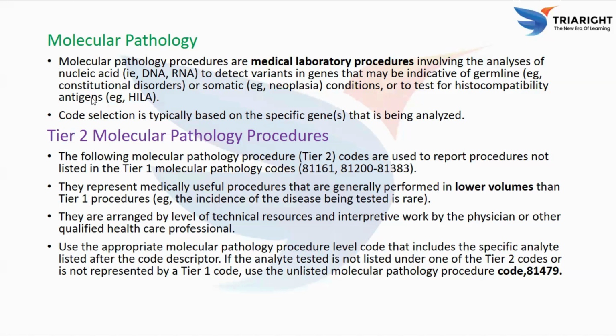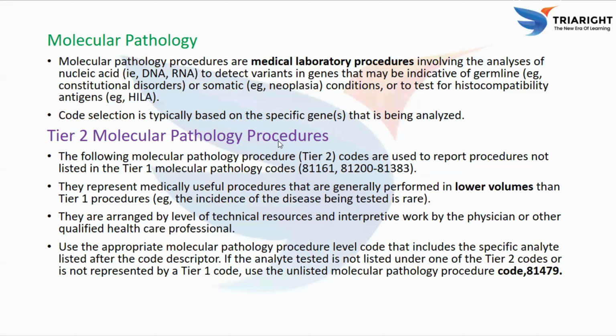Tier 2 codes are the less common genes grouped by complexity level. The Tier 1 molecular pathology codes include 81161 to 81200 to 81383. These are generally used for well-known, frequently tested genes. Each of these genes has a specific CPT code, for high testing volume, which is very common in clinical practice, and the code lists the gene name.